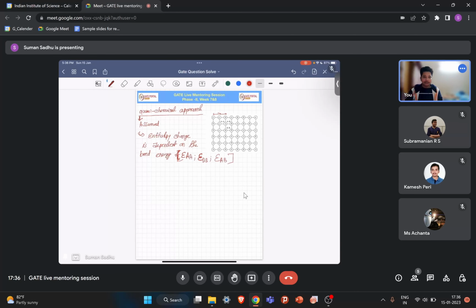As assumed in this model, the enthalpy is totally dependent on the bond energy of the different bonds.